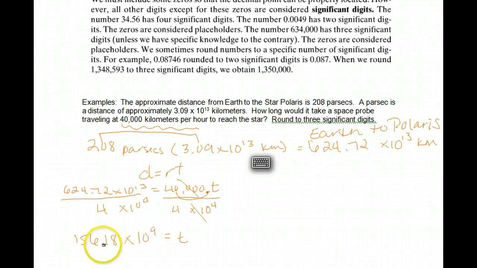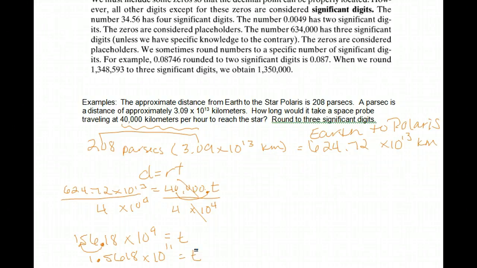We need to pick up this decimal point right here and move it backwards 2 places. So this is going to become 1.5618 times 10 to the, now since we moved it back 2 places to the left, that's going to bump up our power 2 places, 10 to the 11th. So that's our answer so far.